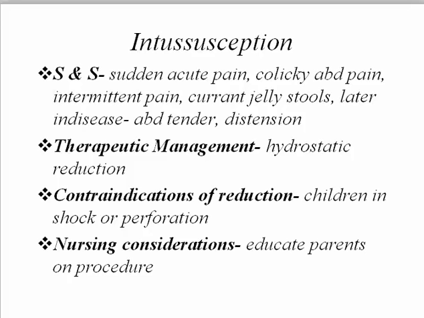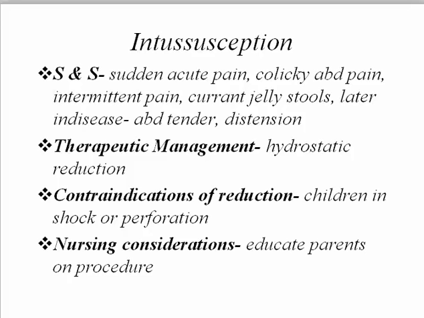Now, I mentioned a barium enema, but water-soluble contrast and air pressure are now being used to reduce these intussusceptions. It's not recommended for children who are in shock or who have a perforation, but usually they'll do the hydrostatic reduction sometimes a couple of times before they go for a surgical intervention.